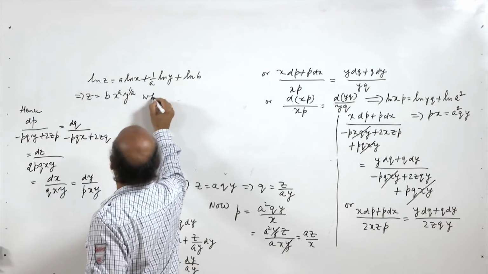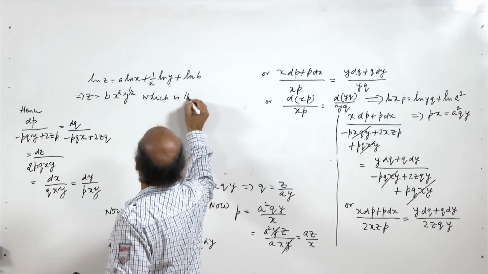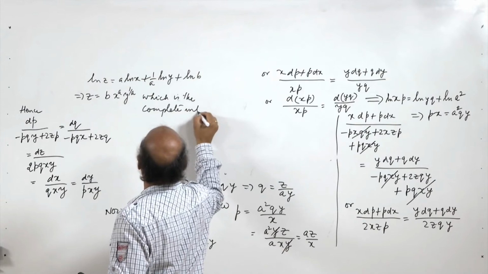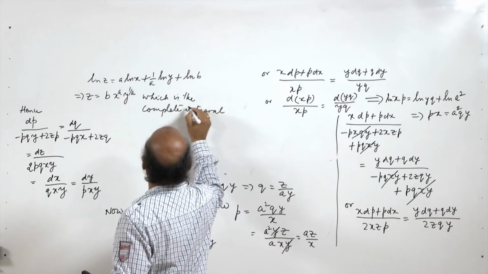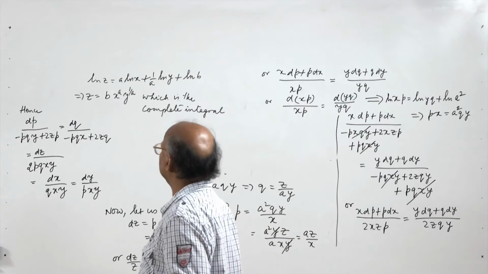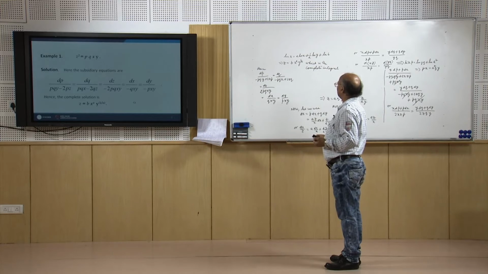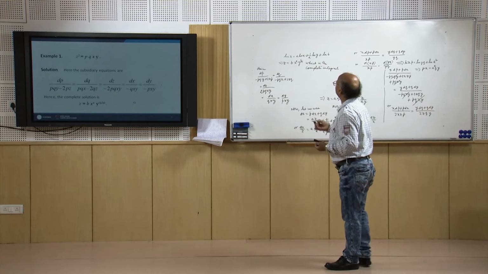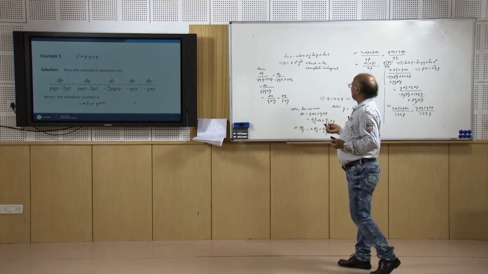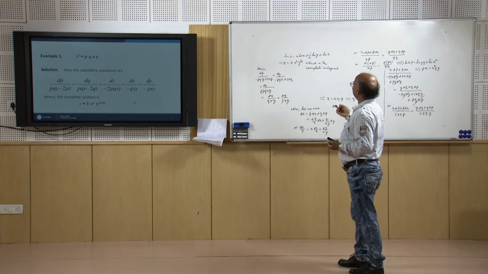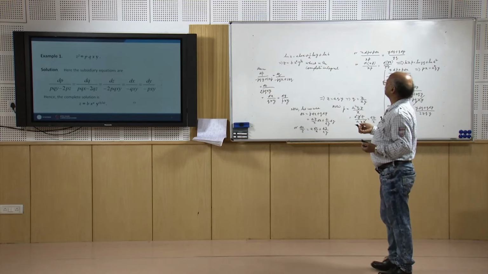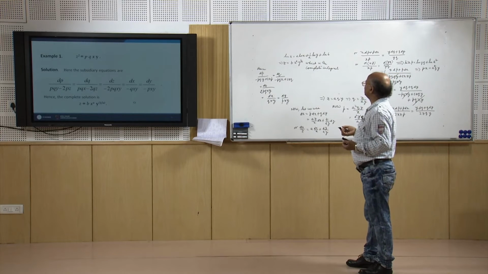We know that the general integral and the singular integral can be obtained from the complete integral. For the general integral, we put b equal to phi(a), then differentiate this equation with respect to a, and then eliminate a between the equation obtained by putting b = phi(a) and the equation obtained by differentiating with respect to a.